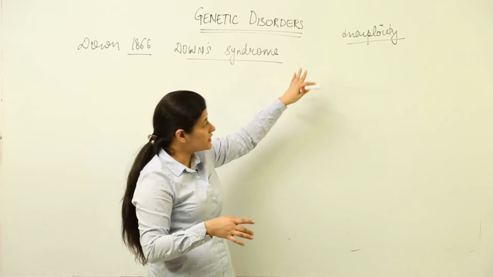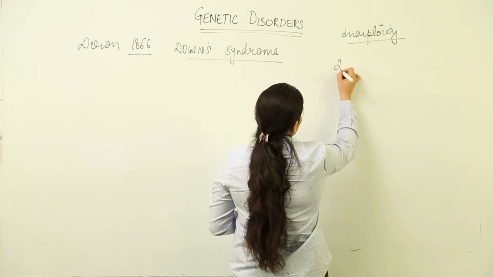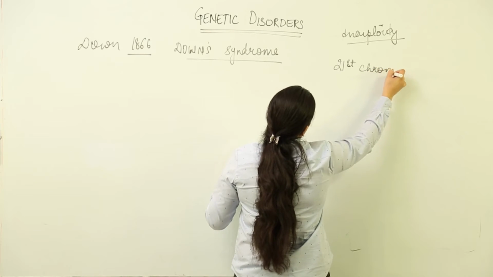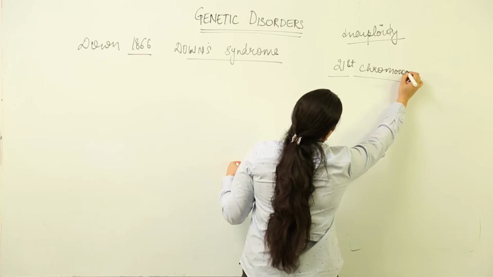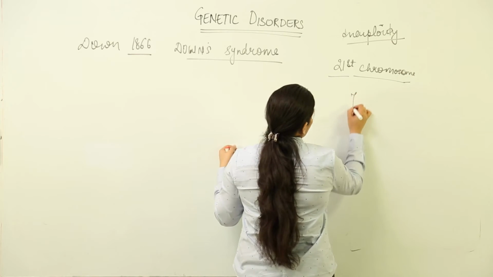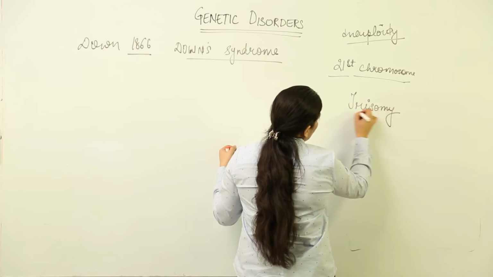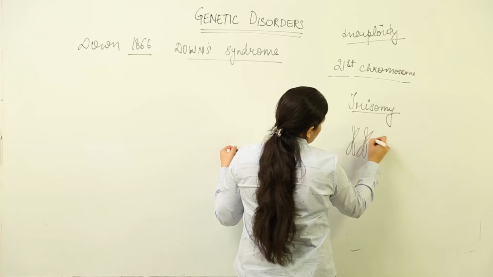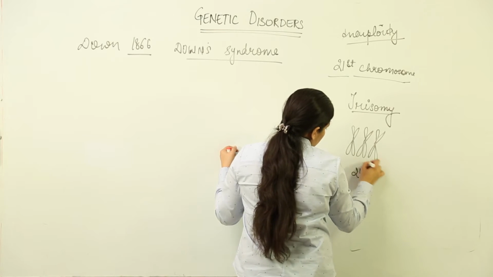Down's syndrome comes under aneuploidy, where the 21st chromosome, because it is a human disorder we are talking about the 21st pair of homologous chromosomes, shows a condition known as trisomy.